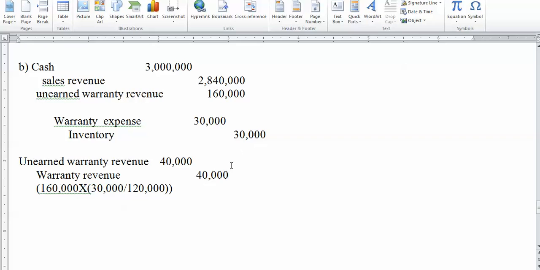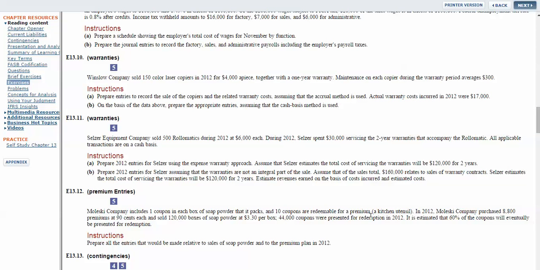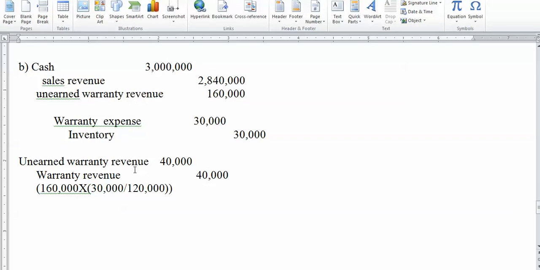Might sound a little complicated, but I think the calculation is pretty straightforward. Take the expense for the year, divide it by the 120,000 that they give you as the total cost of servicing the warranty, and multiply that by the total amount of unearned revenue to see what you're going to recognize as revenue for that year on the warranty side. All right, so that should take care of this problem.